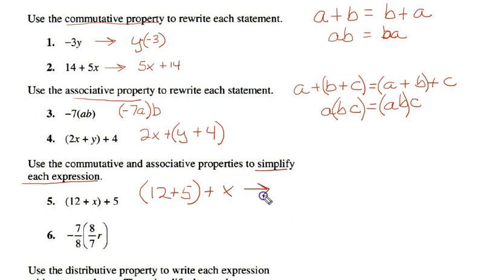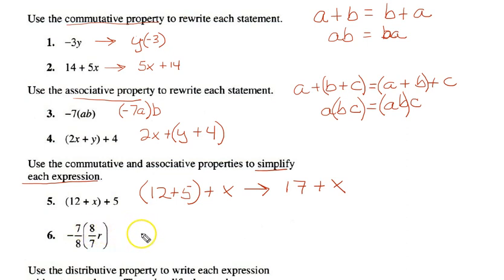So this would then simplify into 17 plus x. Now this is the background for it. Often we can just do this without thinking of the rules.